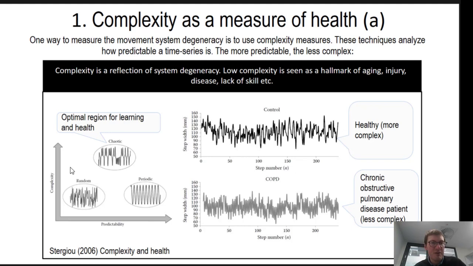Okay, so one of the key take-home points of this slide, if you take home any, is that a person who's able to display complex behavior, typically this is associated with good health. Okay.